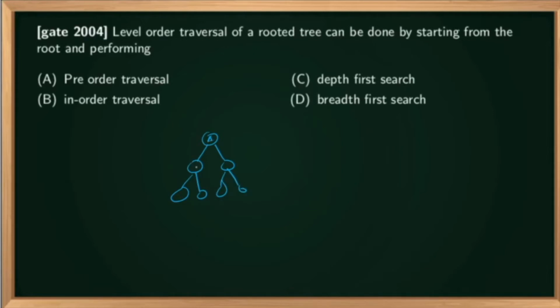So first will be A, then B, then C, then D, E, F, G. This is the order in which we are visiting. So it will be equal to breadth first search. Breadth first search is where you go breadth first, right? So first you'll be printing A, then you will go breadthwise, printing B and C. So the answer should be breadth first search. You will see this in detail when we discuss graphs.